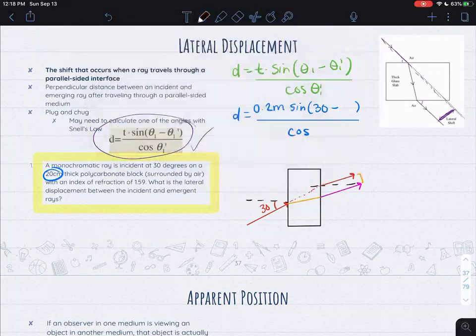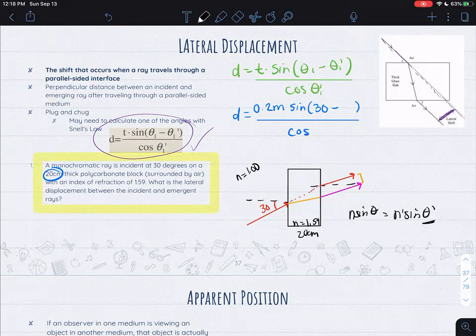We know that our index of refraction of this block is 1.59, and we know it's 20 centimeters thick. We're assuming that we're in air out here, so we're going to use that for that part of Snell's law. We're going to do n sine theta equals n prime sine theta prime, and that's what we're going to use to figure out what theta prime is.